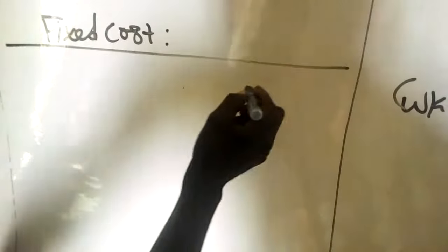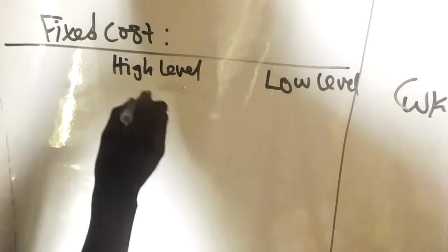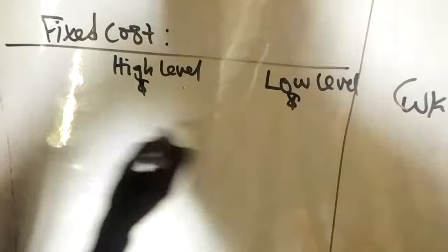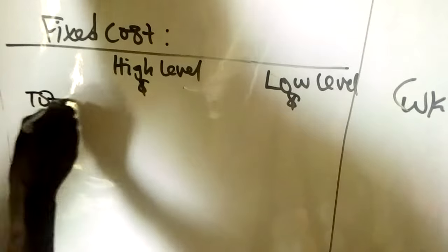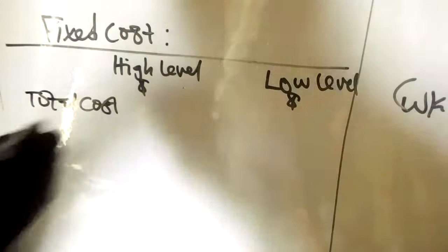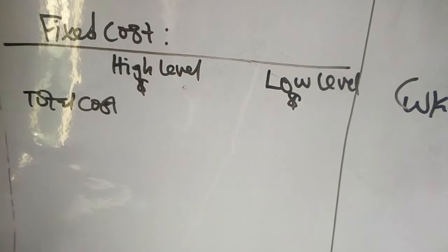I've told you that you may use the low level, or you may use the high level. You are given the total cost, by which I mean the amount of semi-variable cost you were given.